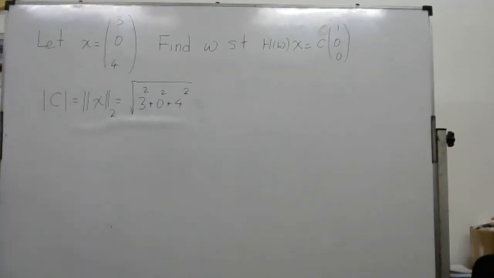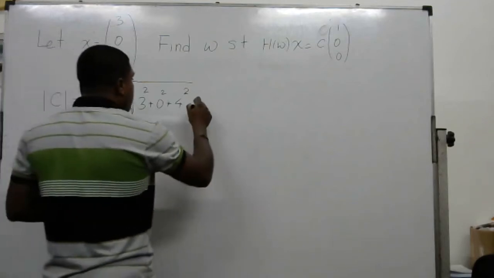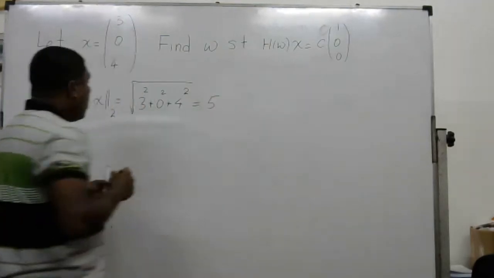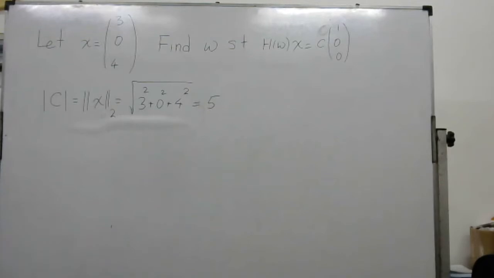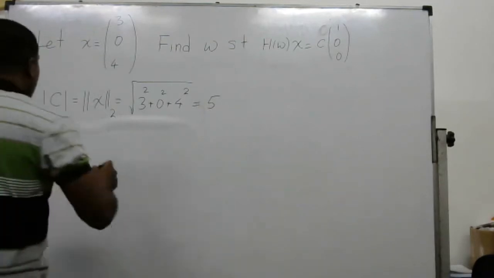Basically the 2 norm of a vector is the square root of the sum of squares of all the components. This is obviously 5, so c is plus or minus 5.